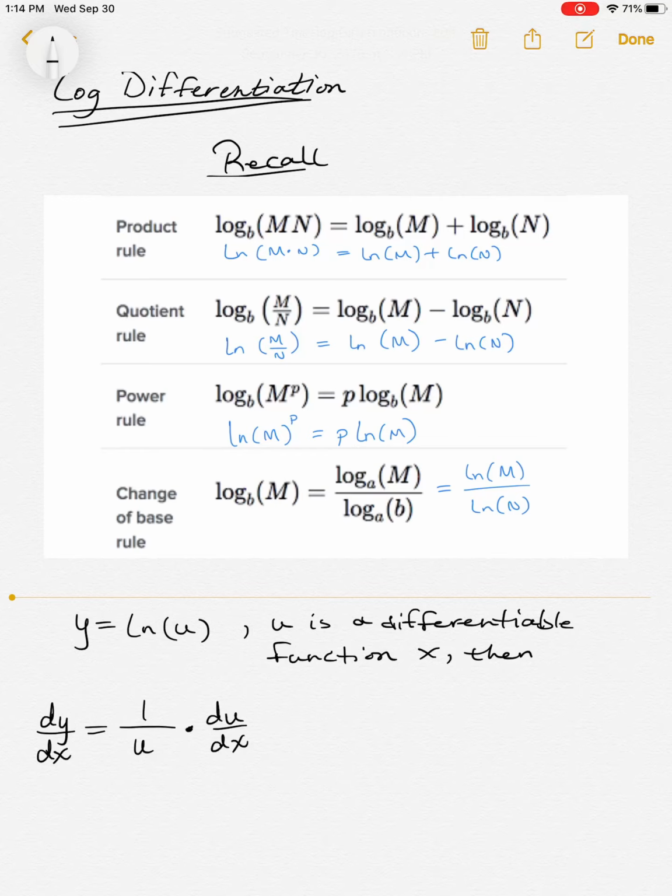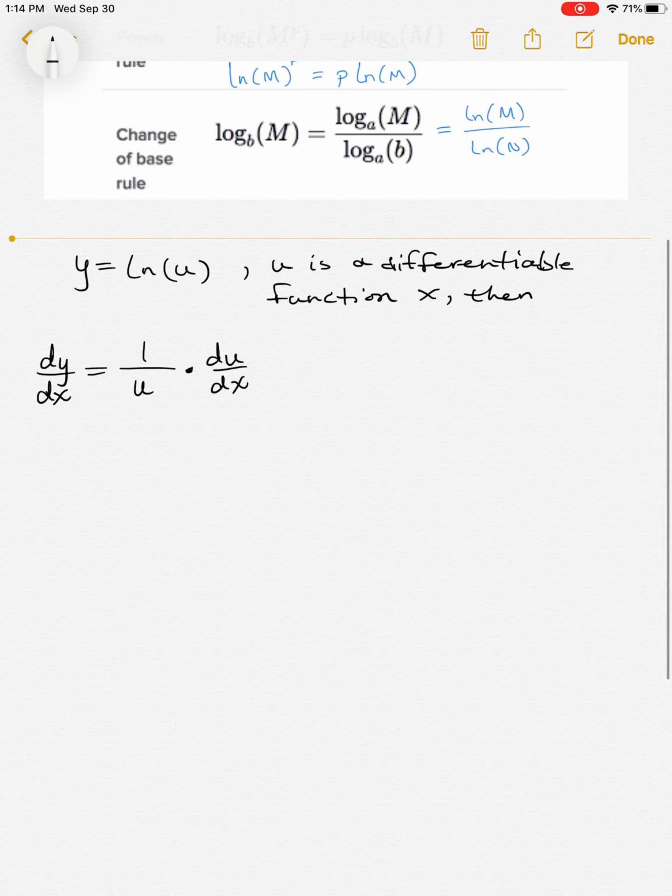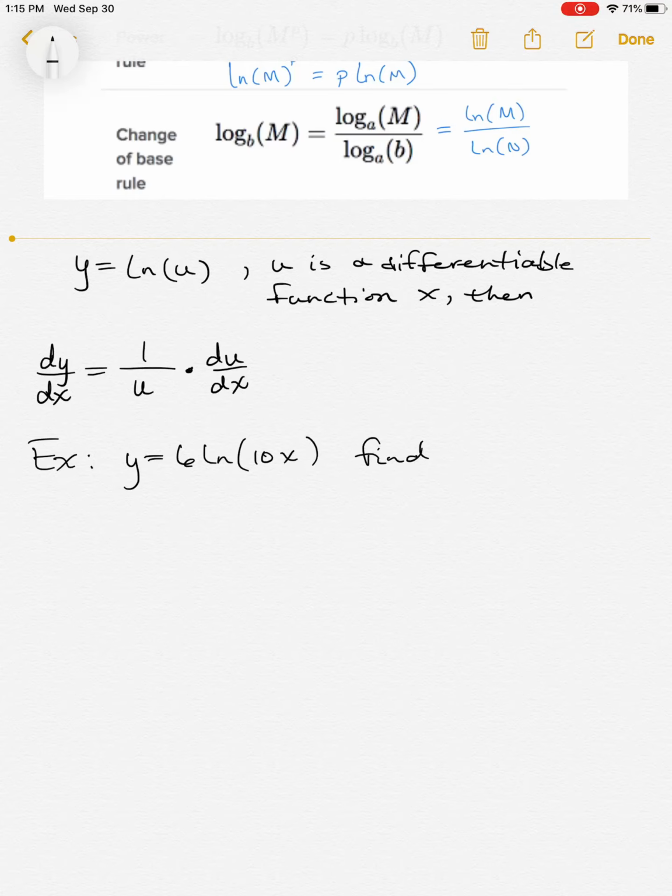So let's toss in a real smooth example. First, we have y equals 6 natural log of 10x. Problem says find dy/dx.